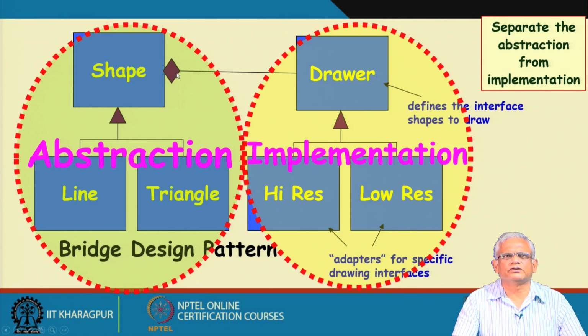We have a bridge between the abstraction hierarchy and the implementation hierarchy. By the appearance of this pattern, which is a bridge between the abstraction and implementation hierarchy, it is called the bridge pattern, a very useful pattern to simplify complex class hierarchies during maintenance.